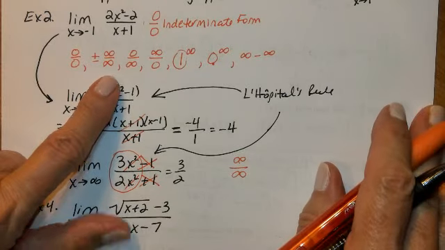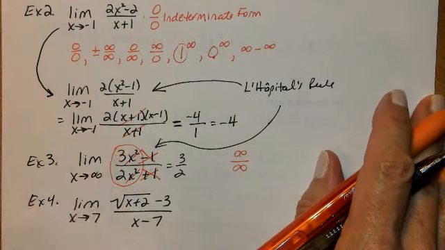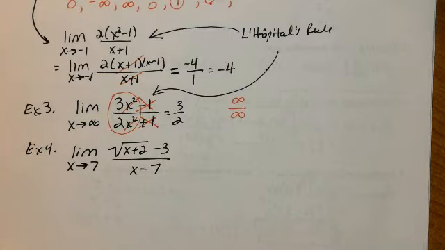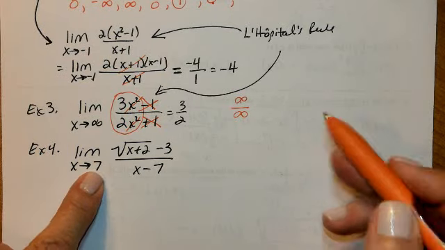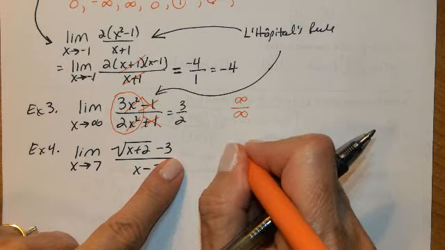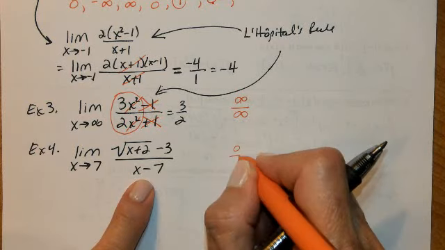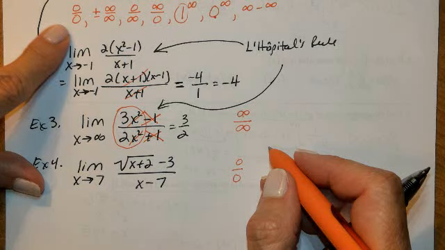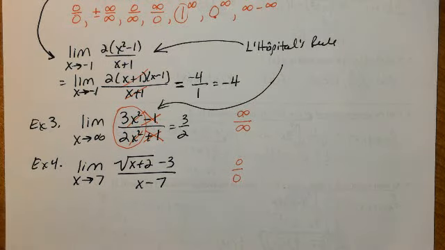Which is one of our indeterminate forms. That's why we had to manipulate a bit. Okay, if you just plug in 7 here, you get the square root of 9 minus 3 which is 0, and then we have 0 in the denominator, and that's another indeterminate form, right? So we have to do something.